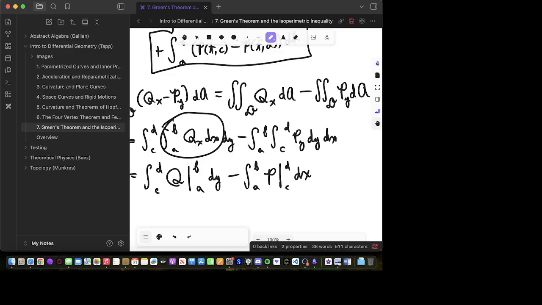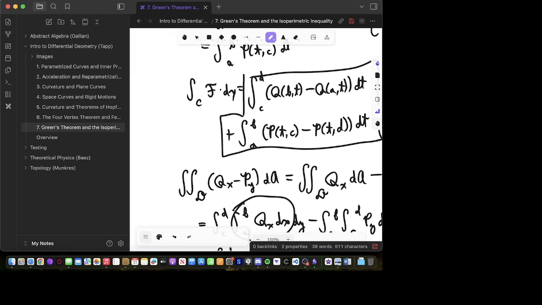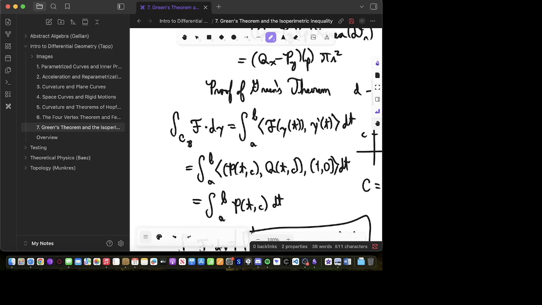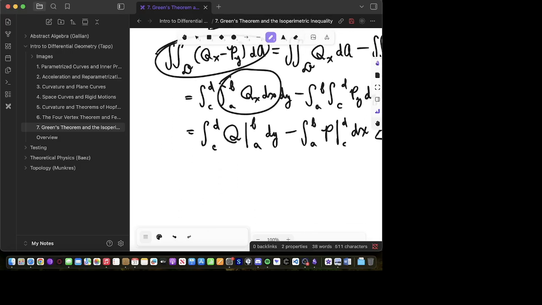And since these two are equivalent, therefore it follows that this is equal to this. And therefore Green's theorem has been proven.